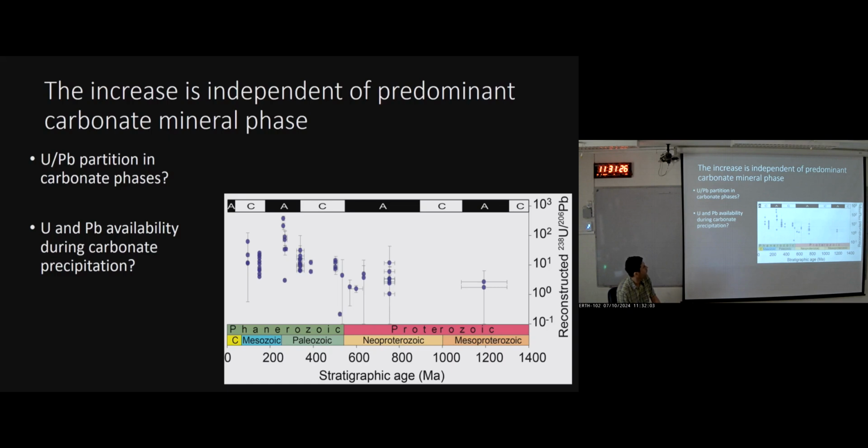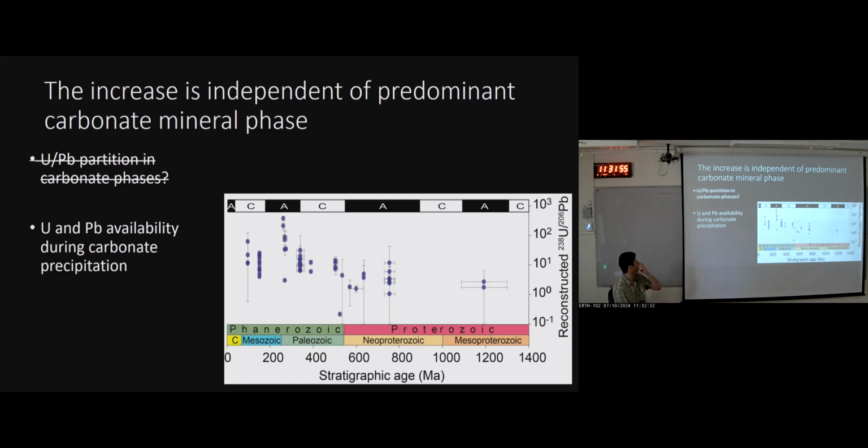But when you compare these records to reconstructions that show which mineral, aragonite or calcite, was more abundant in the ocean, we find that there's no relation. You see times where there's aragonite forming and very high initial values of uranium to lead, and others where there are not. Same thing with calcite. So this is not a good explanation for the main trend here.